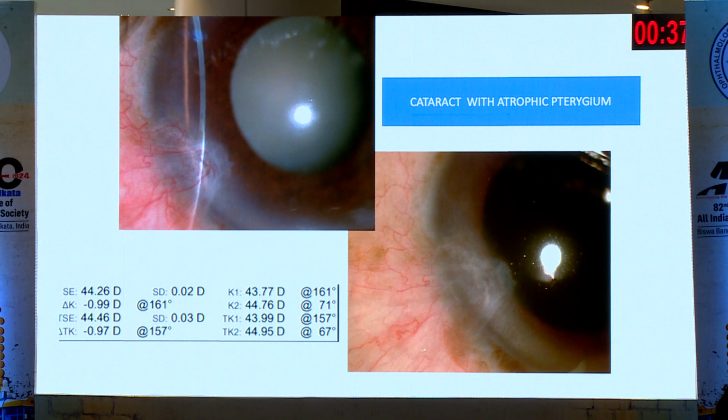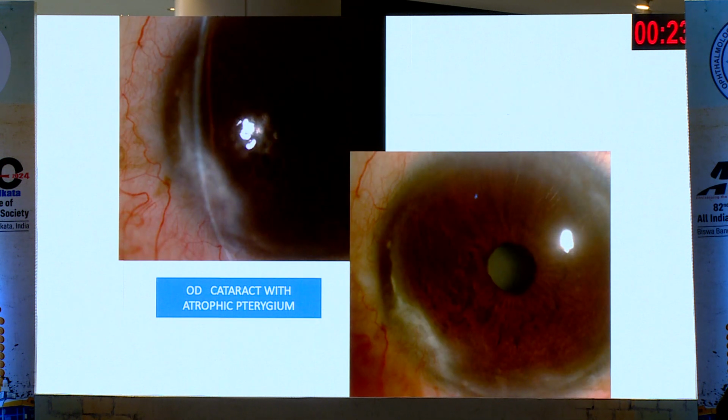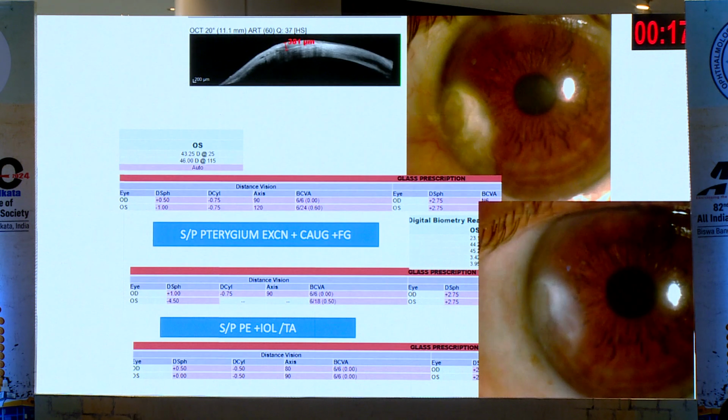Another thing which is not strictly a corneal degeneration, but because it extends onto the cornea, is when you have a pterygium encroaching onto the corneal surface. So if it is atrophic and there's not much fibrovascular degeneration, then you deal only with the cataract, like in this case. When there is an atrophic pterygium, but there is not much astigmatism, then you can deal only with the cataract as such and leave the pterygium alone.